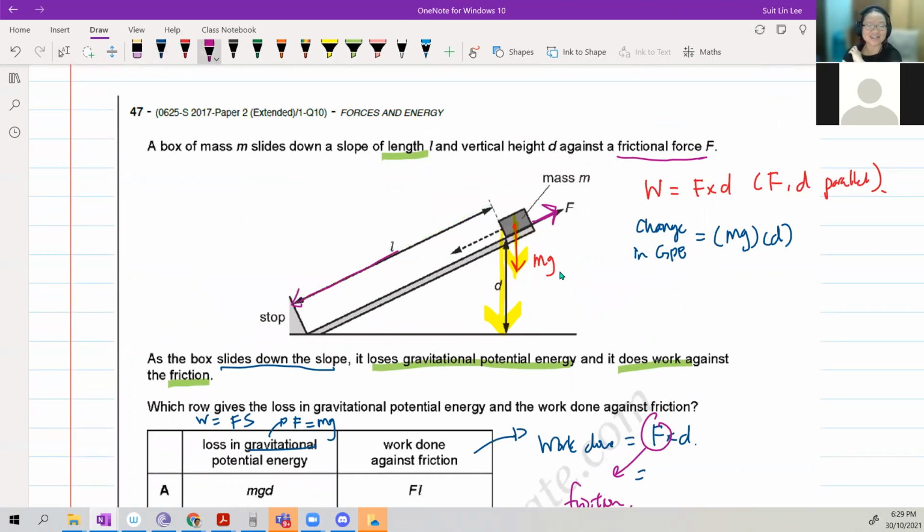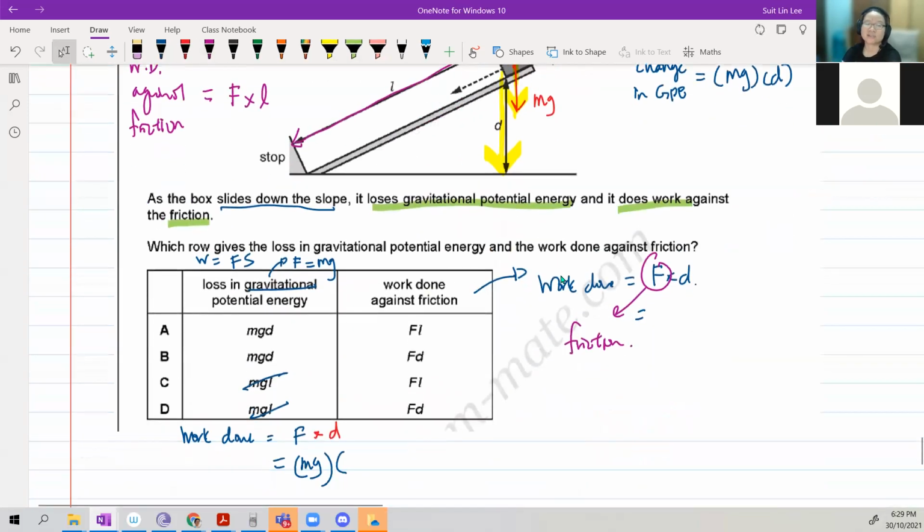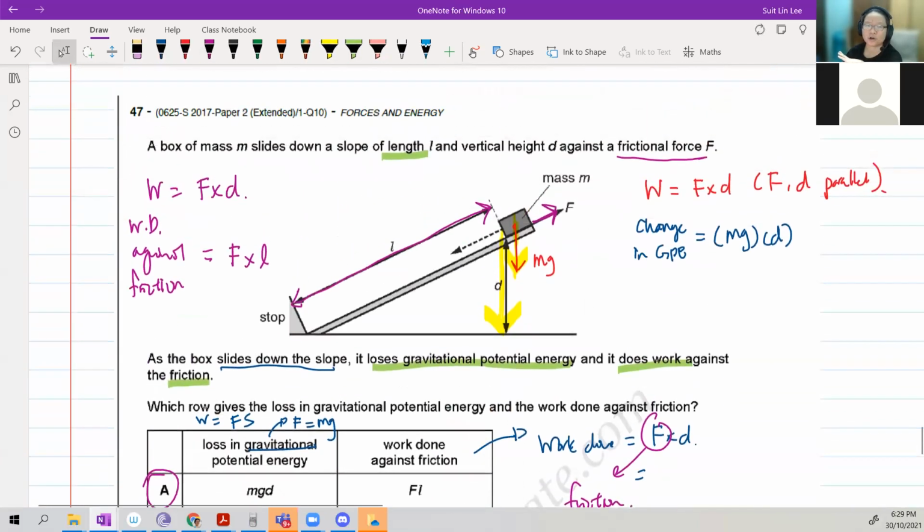L. Can see L is parallel to F. So work done against friction is equal to the force times L, because F and L are again parallel. This is just looking at direction. So although the question looks very complicated, actually it is not.